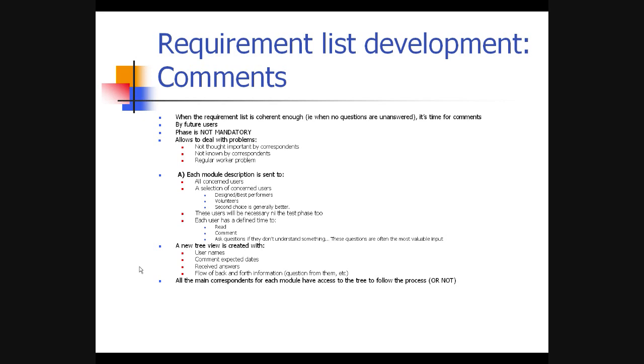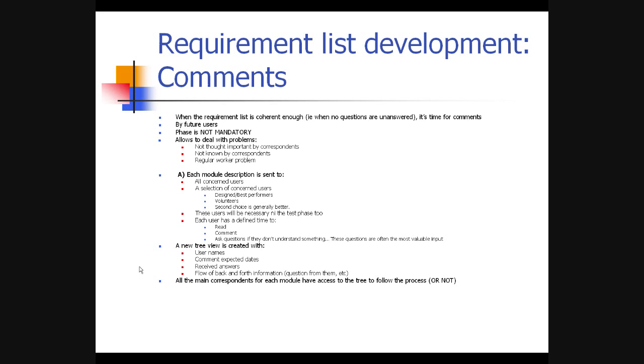It can be that the regular users don't really talk to their managers. They just follow orders. So there are many reasons why these users may not want to have their comments visible by the main correspondent. So that's something that you will have to deal with originally when you talk with the main correspondent.